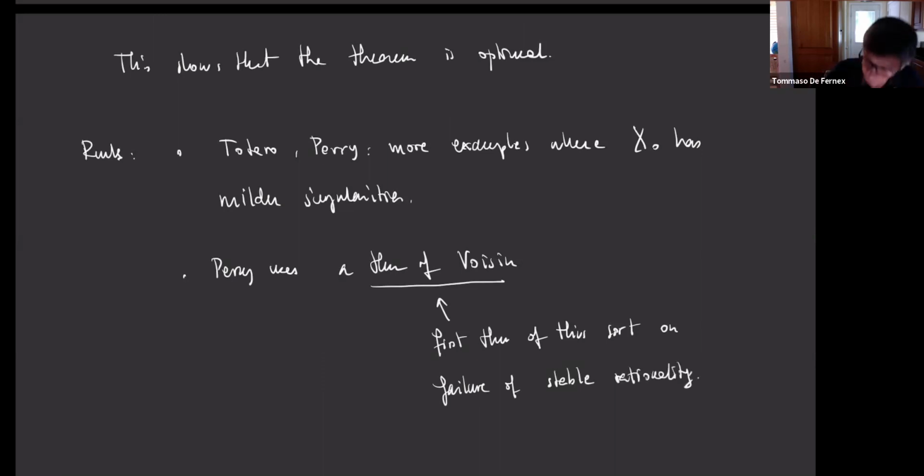So the topic of stable rationality is very interesting.